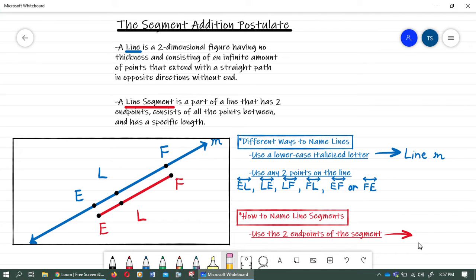Okay, folks, again, when we are using two endpoints to name a line segment, we have to use a certain symbol, the same way that we had to use a certain symbol when we use 2 points on a line to name a line. We have to use a certain symbol when we're using 2 endpoints of a segment to name it. So that symbol looks like this, guys.